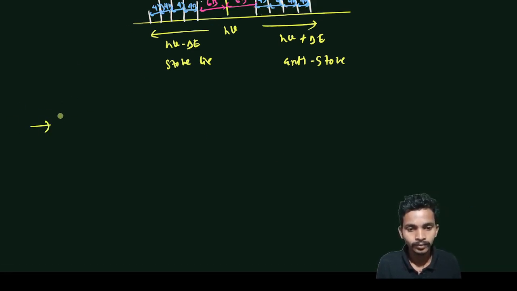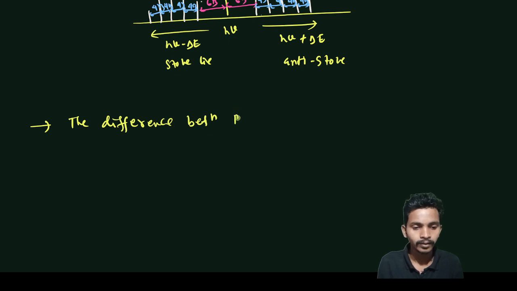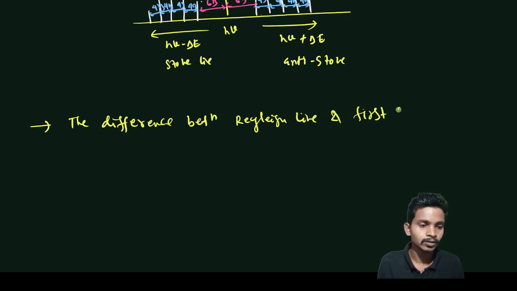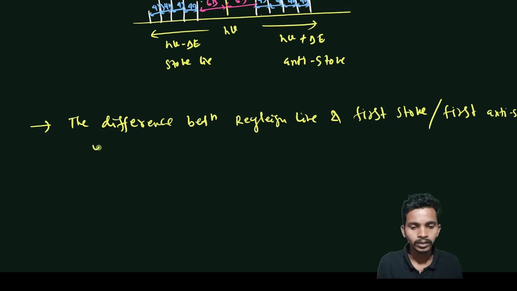The difference between Rayleigh lines and first Stokes or first anti-Stokes is 6b. Here also 6b.